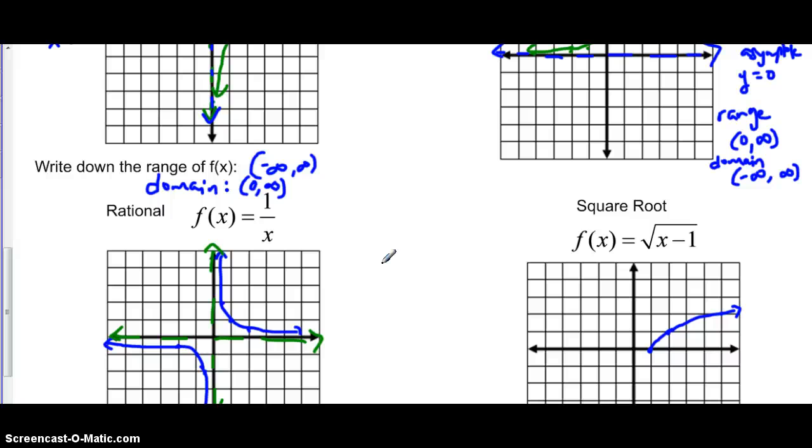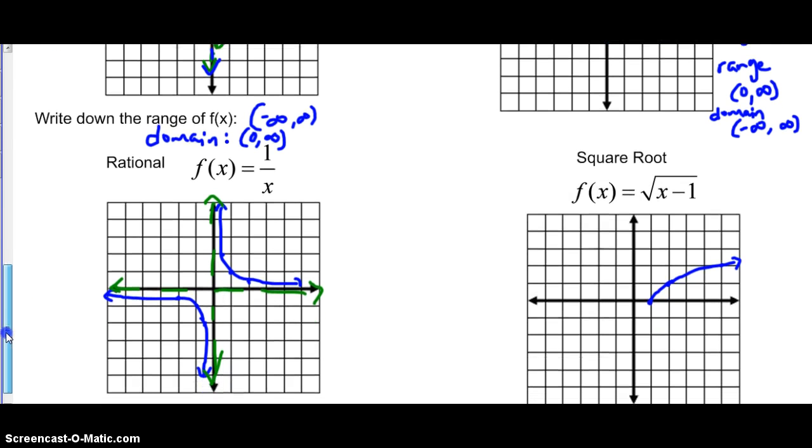But remember, with a rational function, you could have them in 2 different quadrants. And here, for this 1 over x, we have a vertical asymptote of x equals 0 and a horizontal asymptote of y equals 0. You can see them in the opposite quadrants, 2 and 4, or it could be in quadrants 1 and 3.